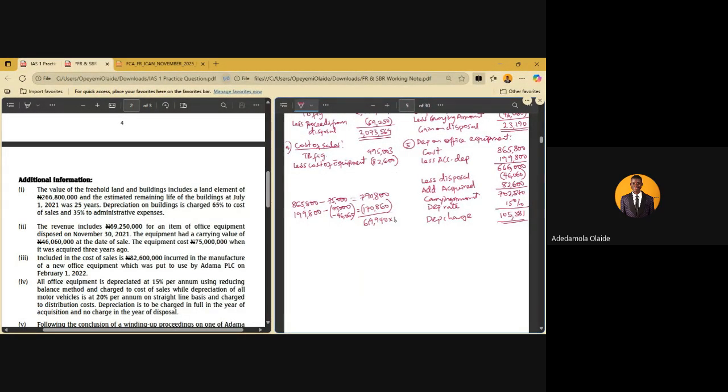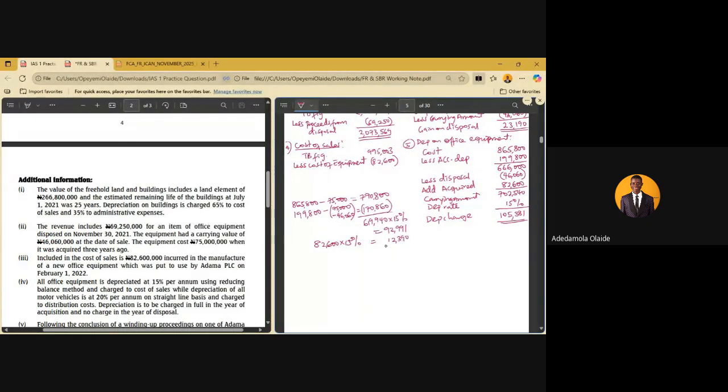And if we apply 15% depreciation on that, that will give us how much? 92,991. The new asset, 82,600. They said we are charging full year depreciation, and that will give us how much? 12,390.